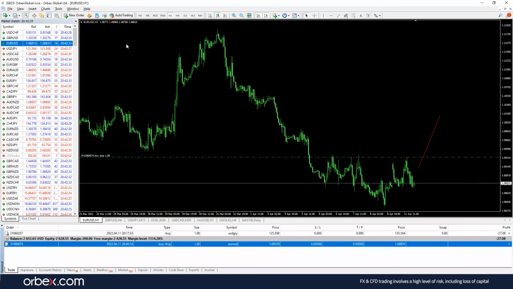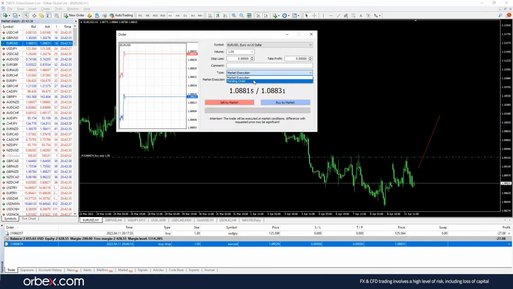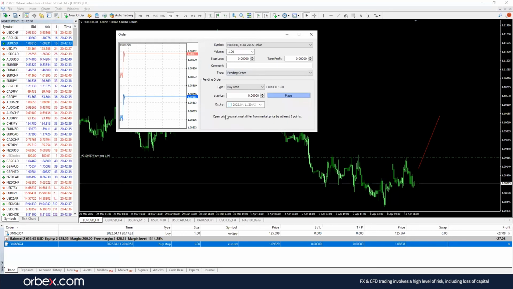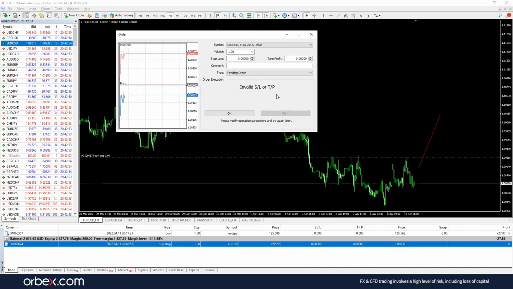Another thing is to make sure that the price is not too close to the bid line. The open price must differ from the market price by at least 5 points. The current price is 1.08813. If we go to 1.088120, let's say, it's giving me invalid stop loss or take profit because it's too close to the market price.